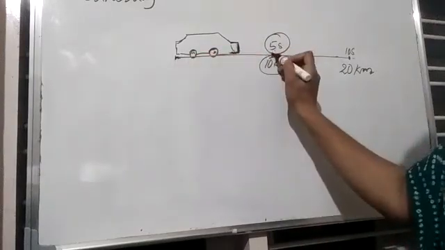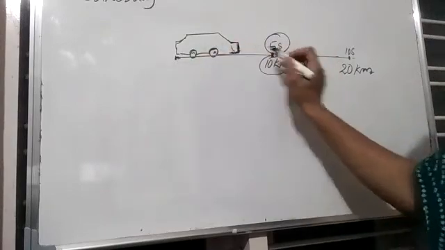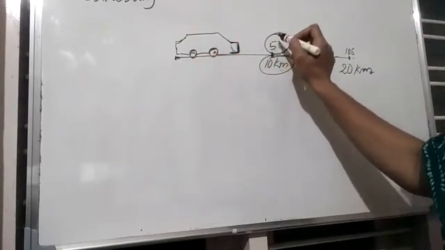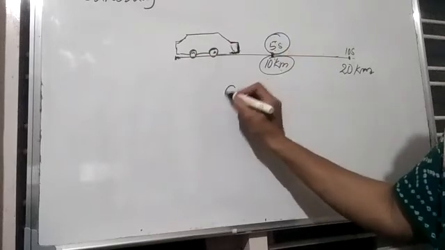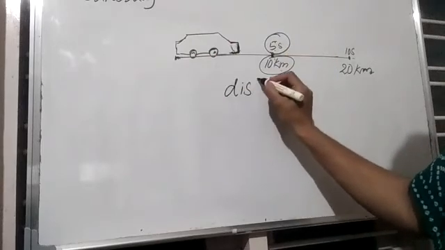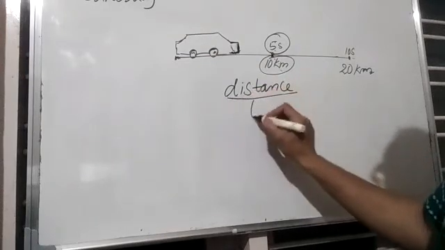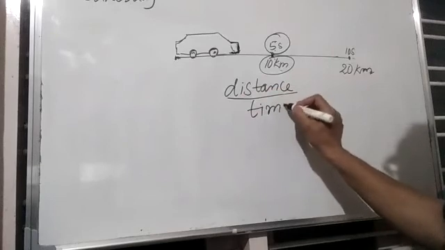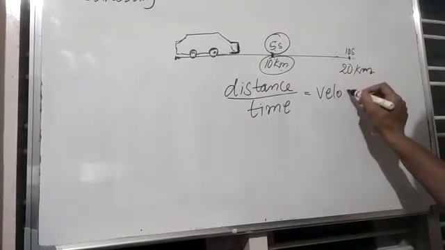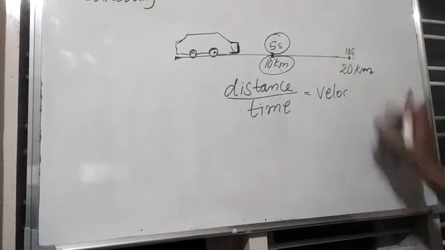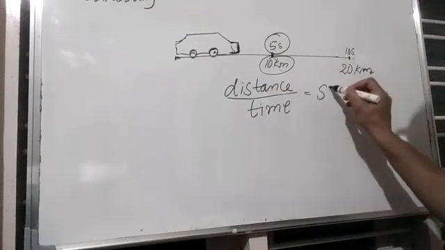The ratio of distance travelled to the time taken is known as the speed of the object.